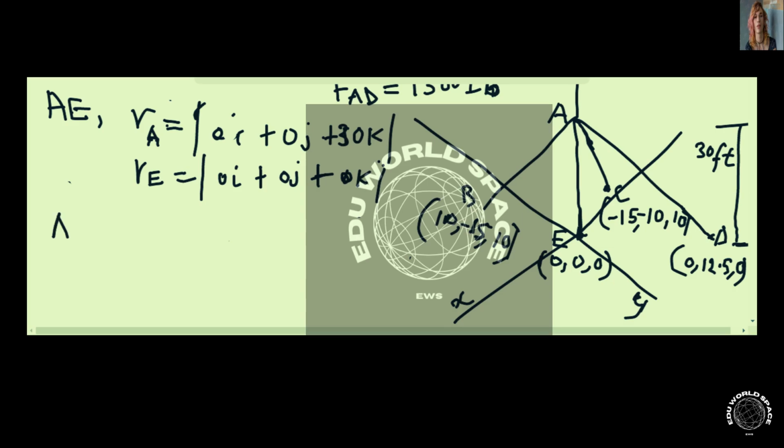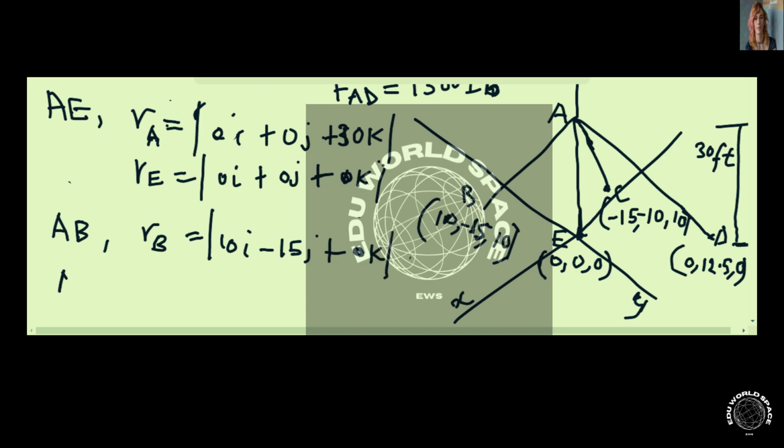Considering AB, we are going to have RB to be equal to 10I minus 15J plus 0K.